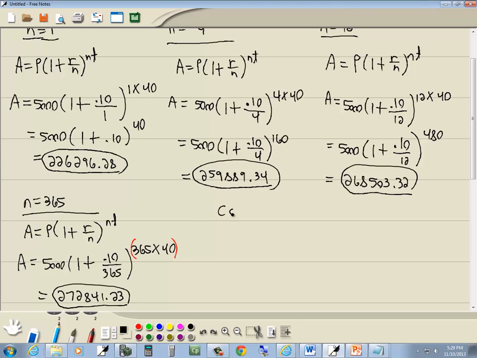The last one actually says continuous, so that tells us to use our PERT formula. So A is equal to P e to the RT. Well, P we said is 5,000. E to the R, which is 0.10 times time, which was 40 years.